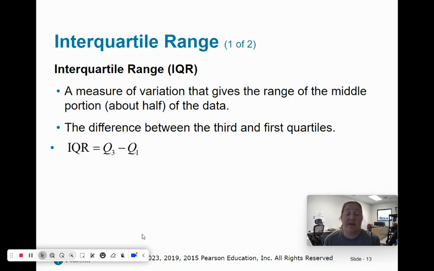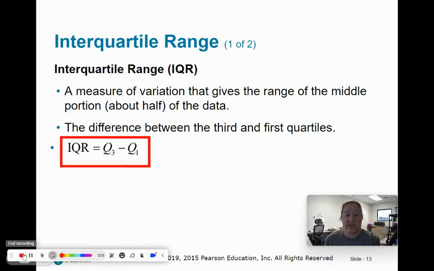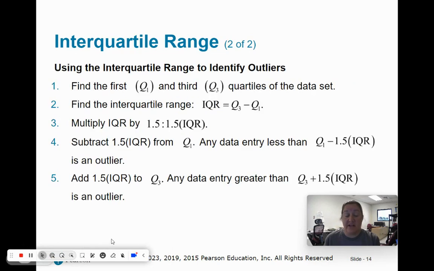Moving to the next topic, interquartile range. It is the difference between the third quartile and the first quartile. Why we like finding it is it helps us figure out mathematically whether we have an outlier within our data or not. The way we do that is, after you find the interquartile range, you multiply it by 1.5.